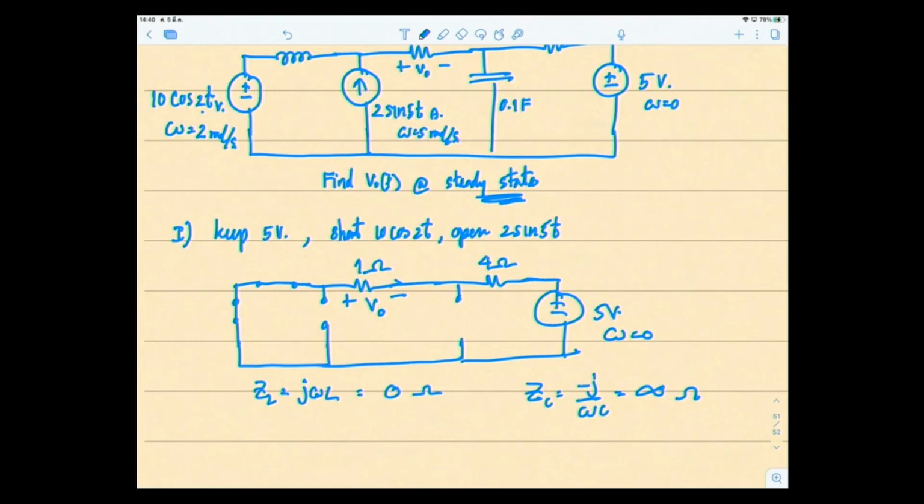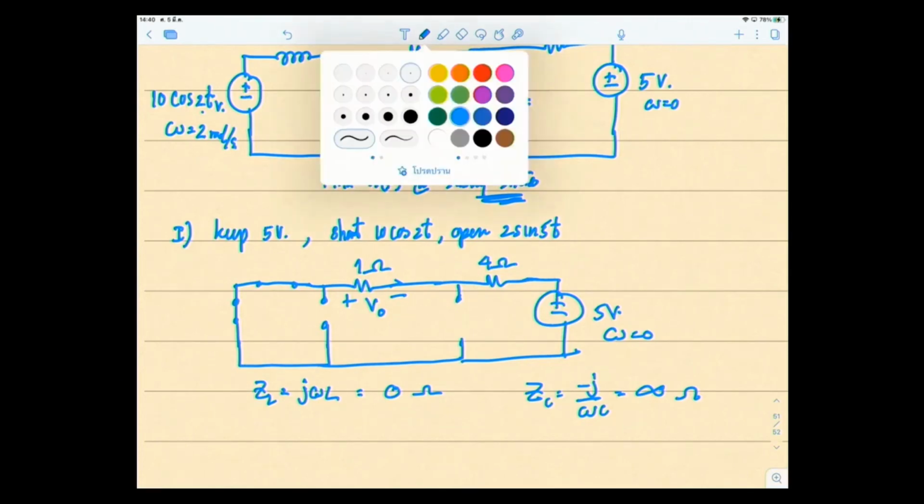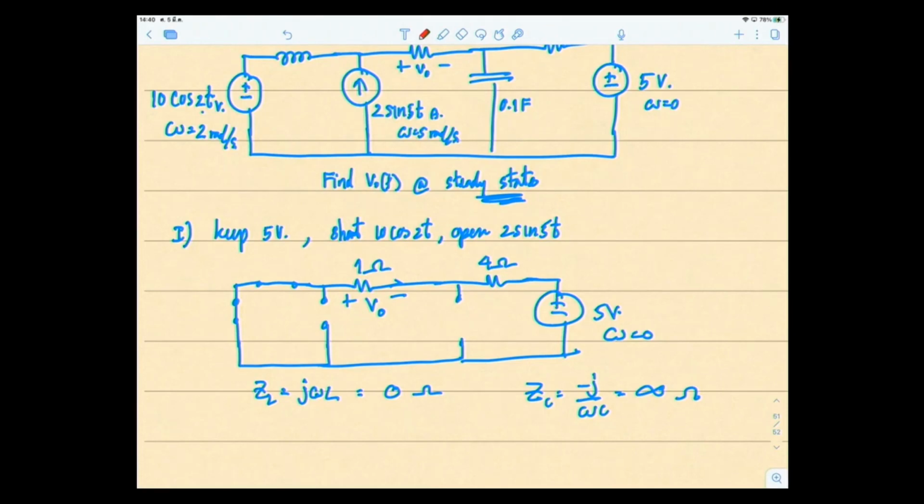So let's look first at what the current in this circuit does. Current comes out from the 5 volt source and goes around one loop. So there's a current I going like this. If a current I goes through this, there will be a voltage drop.